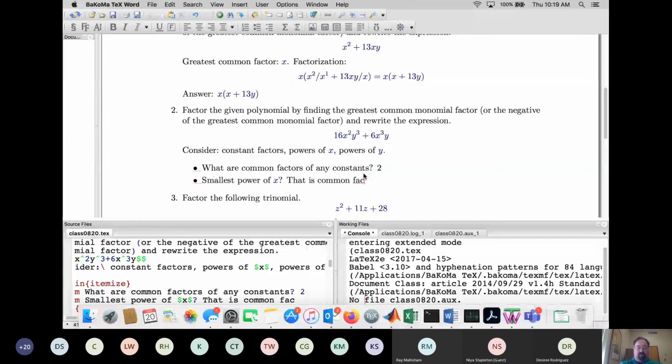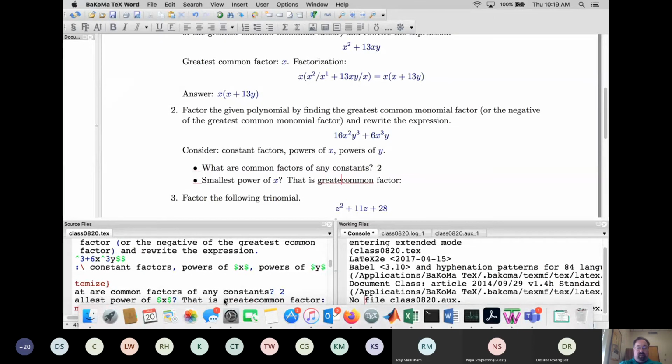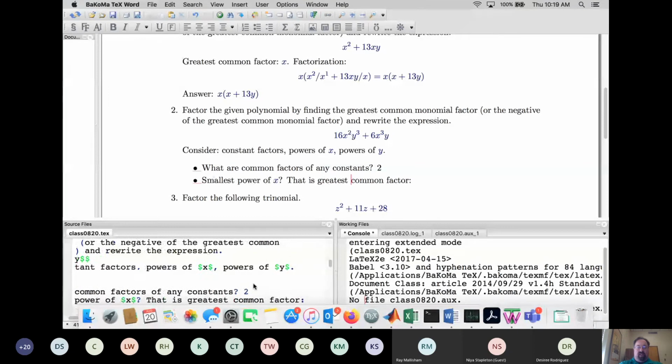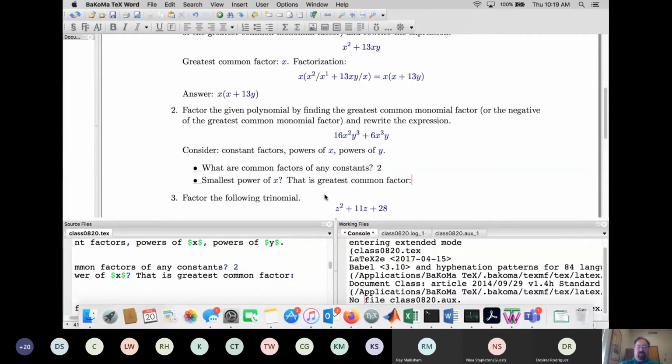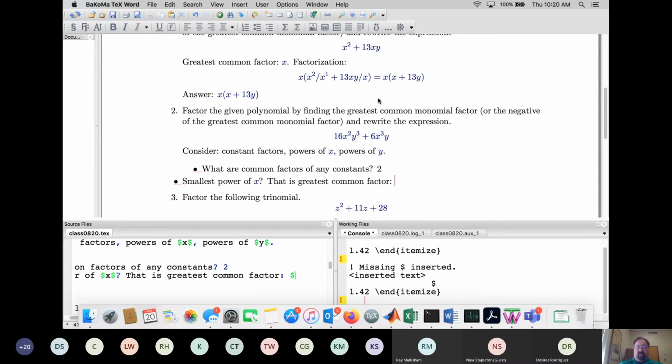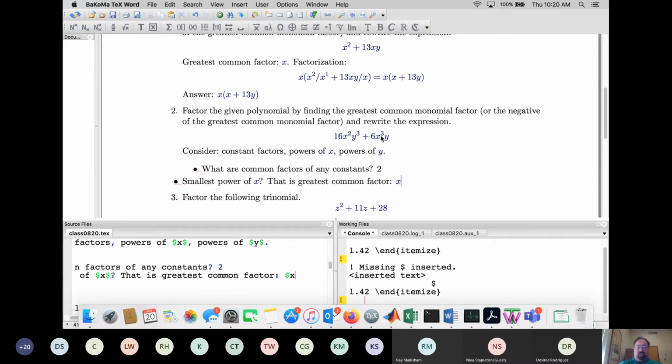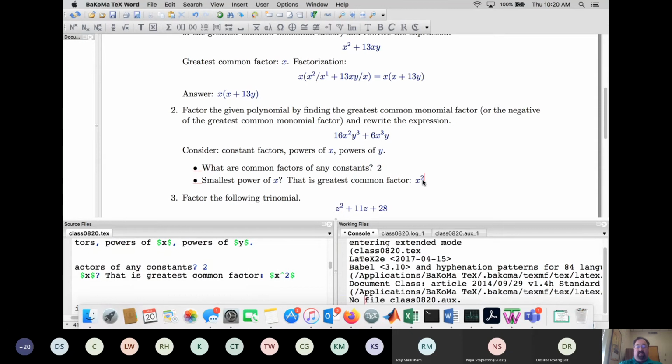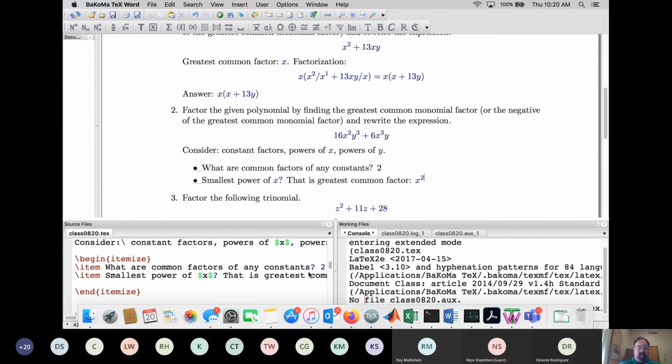So that would be the greatest common factor as far as x is concerned. So what we have here is x squared and x cubed. So x squared is part of our greatest common factor. So far we have 2 and we have x squared that we can pull out of both of these terms.